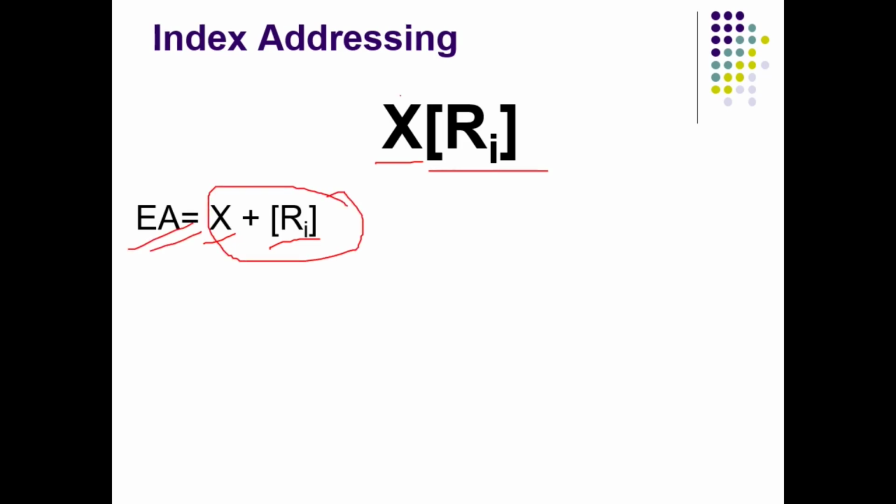It is called index addressing mode. Here the index is nothing but the constant value X. So let us see some examples and understand how this format helps us understand index addressing mode.